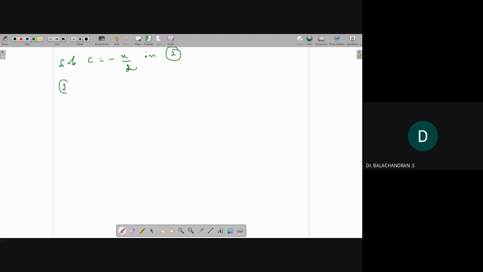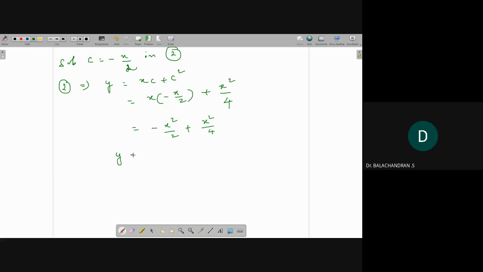So 2 implies y is equal to xc plus c square, which is equal to x, c is minus x by 2, plus c square is x square by 4. So you'll get minus x square by 2 plus x square by 4.